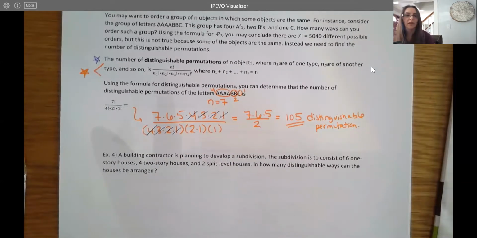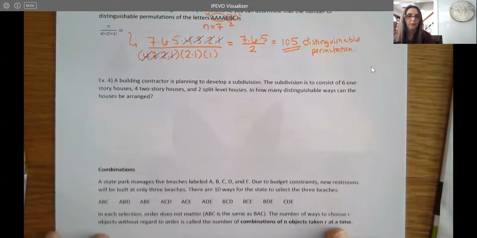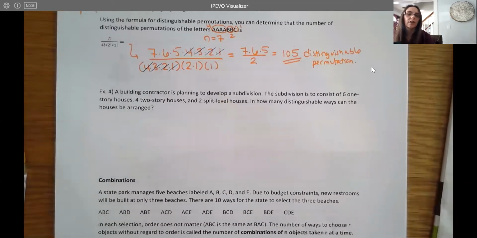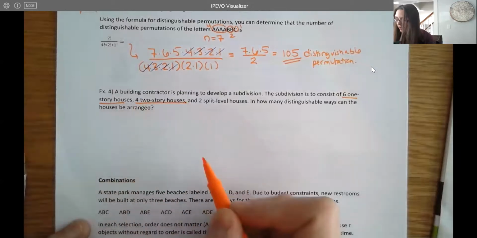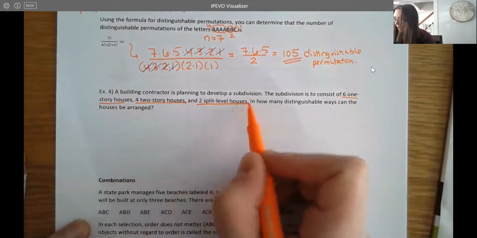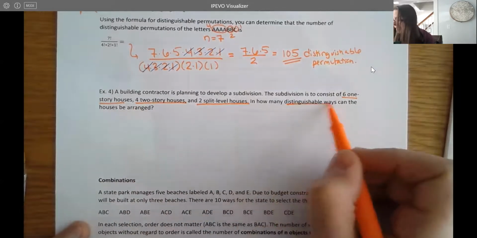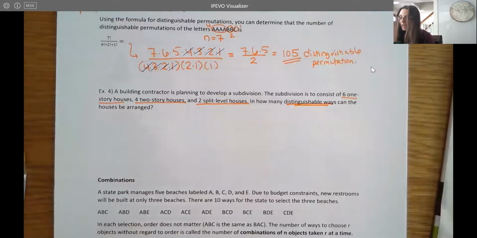All right, let's look at this one here, example 4. So a building contractor is planning to develop a subdivision, and the subdivision is to consist of 6 one-story houses, 4 two-story houses, and 2 split-level houses. How many distinguishable ways can the houses be arranged?